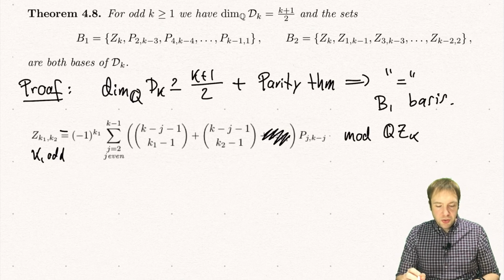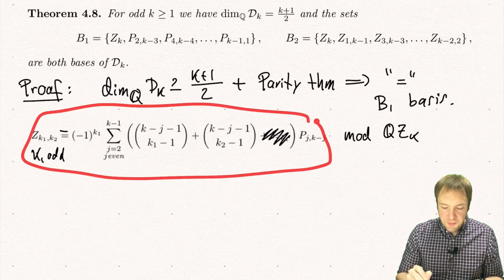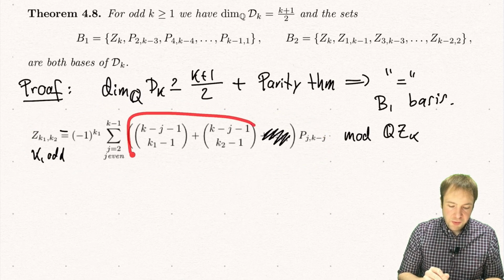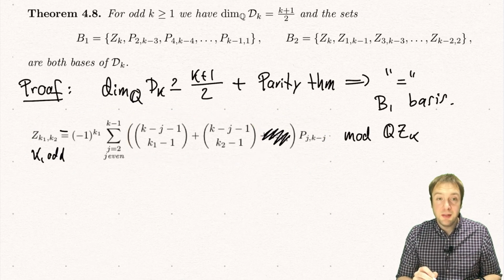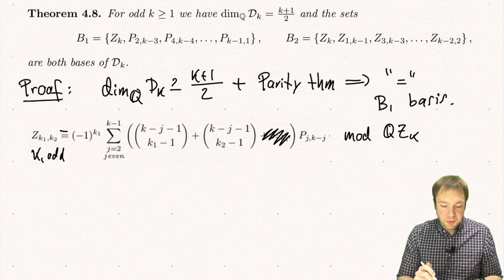So what we need to show is that we can invert this equation here. And therefore, if we write these coefficients in a matrix, we need to show that this matrix is invertible.